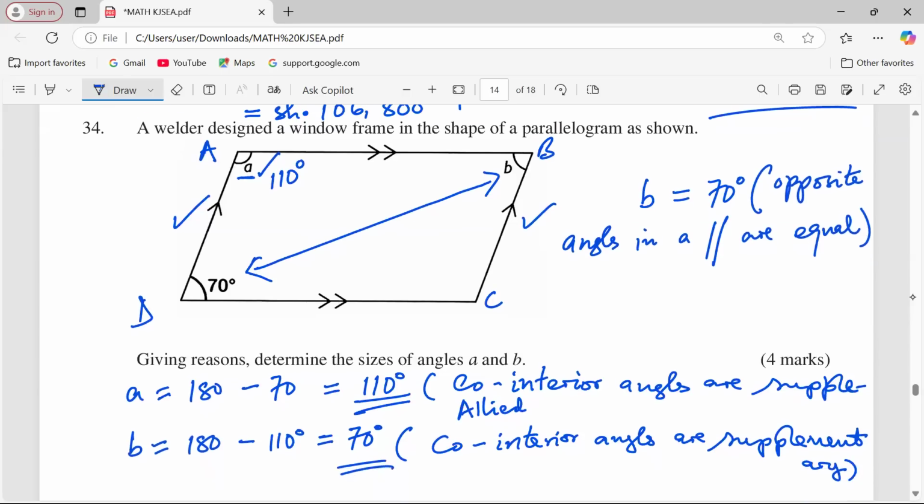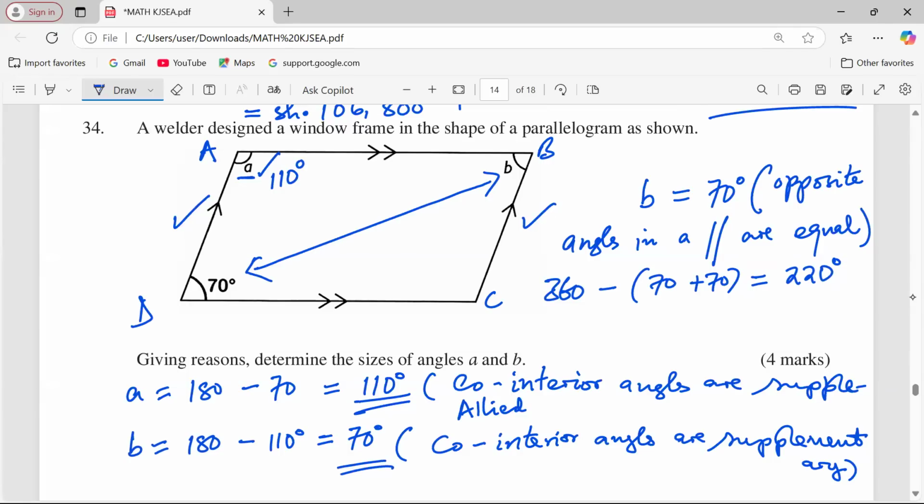Then the other two angles are also going to be equal. But now in a parallelogram, being a quadrilateral, we should get 360 as the sum. So when you take 360 and subtract the 140 that we already have, 360 minus 140, we're going to get 220.